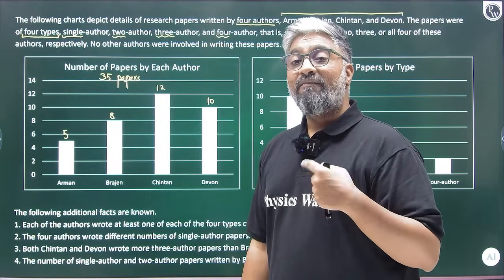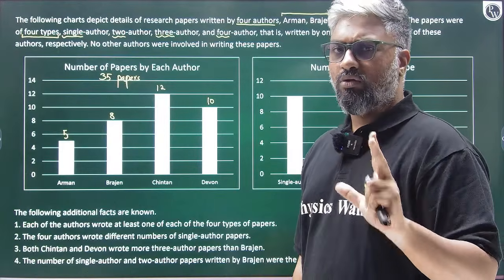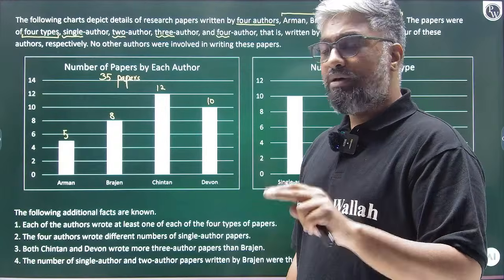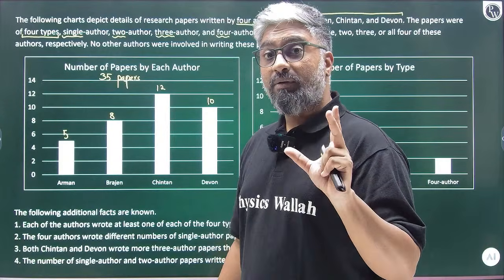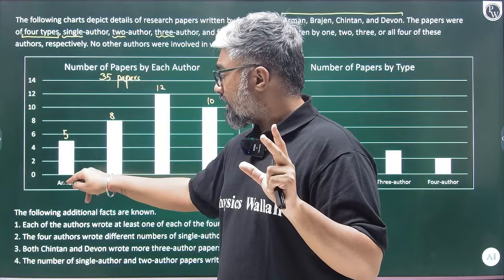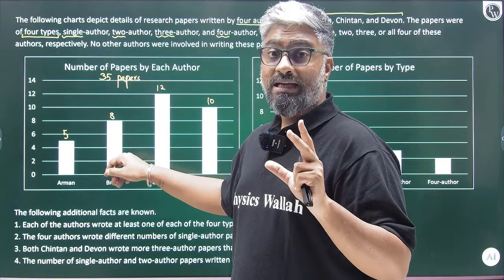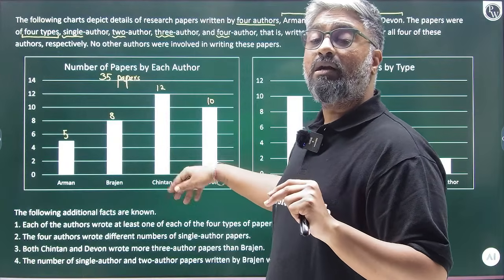Why? When I say single author, then yes. But when I talk about 2 authors, let's say A and B, that one paper, let's say paper X, will be included in A's list also, in B's list also. The same paper will be a part of B and C also. The same paper will be a part of C and D also.